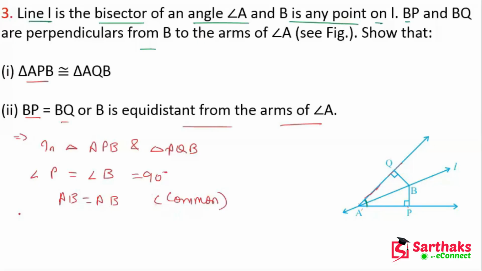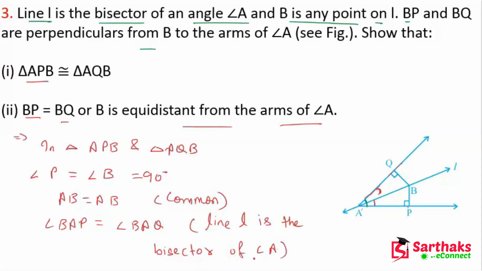And you can observe this angle is equal to this angle, because line L is the bisector of angle A. So we can write angle BAP is equal to angle BAQ, because line L is the bisector of angle A.